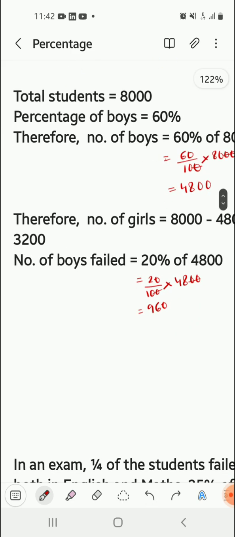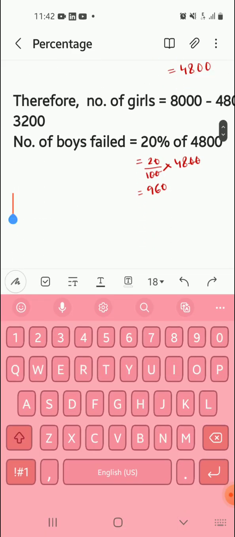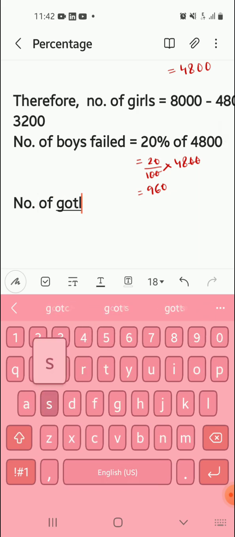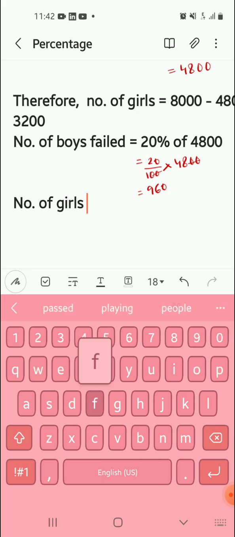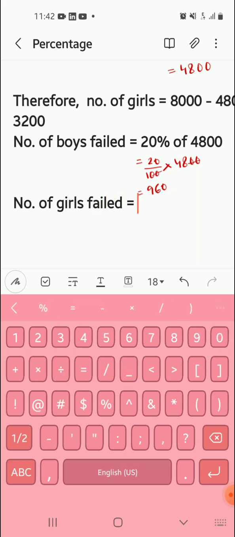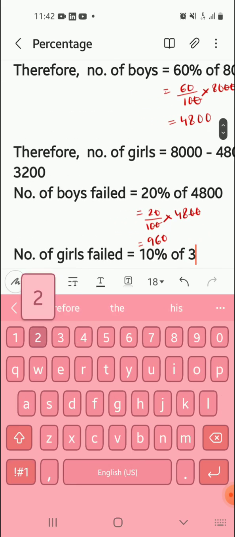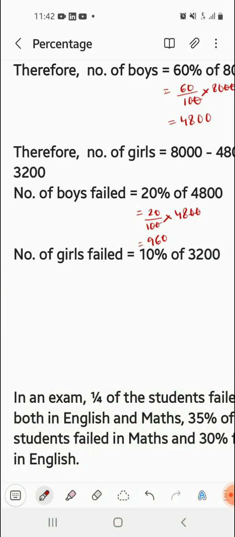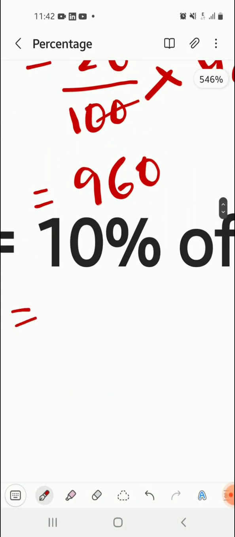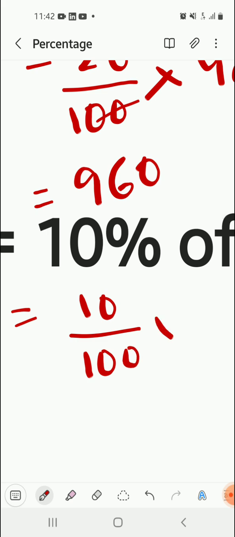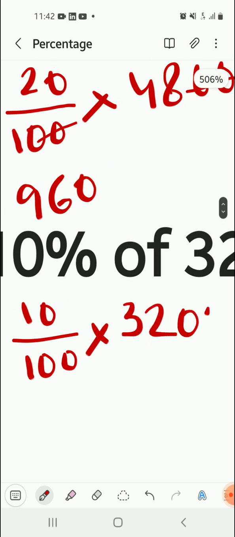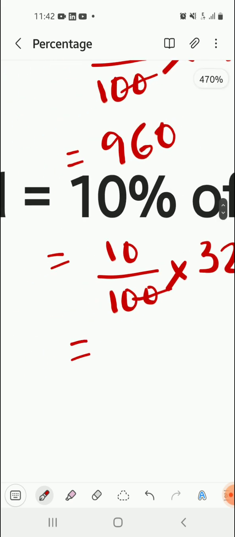Now we're going to find out the number of girls who have failed. So number of girls failed is 10% of the total number of girls that we have, that is 3,200. So let's find out 10% of 3,200. Cancel out the zeros, we get 320.